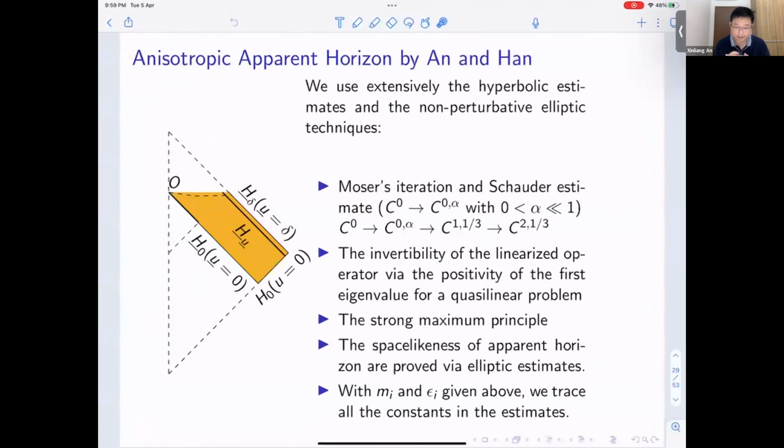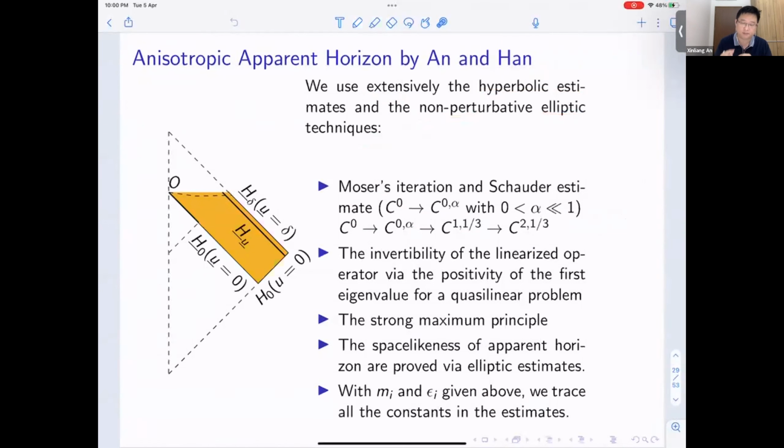The analytic method we used in this new paper is quite different from my previous result. Here we use extensively the hyperbolic estimates, and also the non-perturbative elliptic techniques.